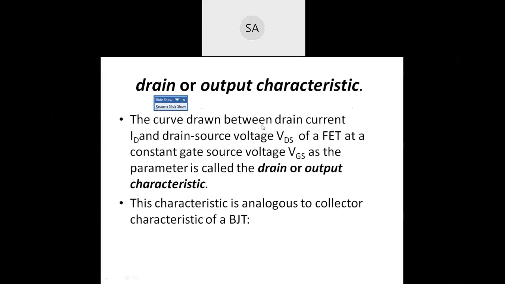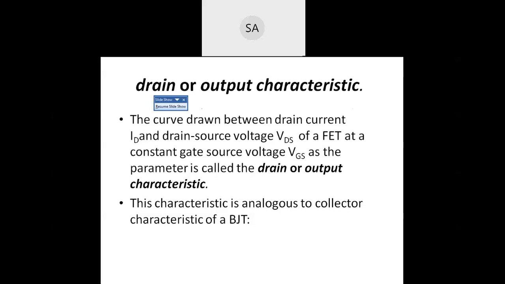So what are the drain or output characteristics? The curve drawn between drain current ID and drain to source voltage VDS of a FET at a constant gate to source voltage VGS as a parameter is called the drain or output characteristics. That means here we are drawing the characteristics between VDS versus ID by keeping the voltage VGS constant.